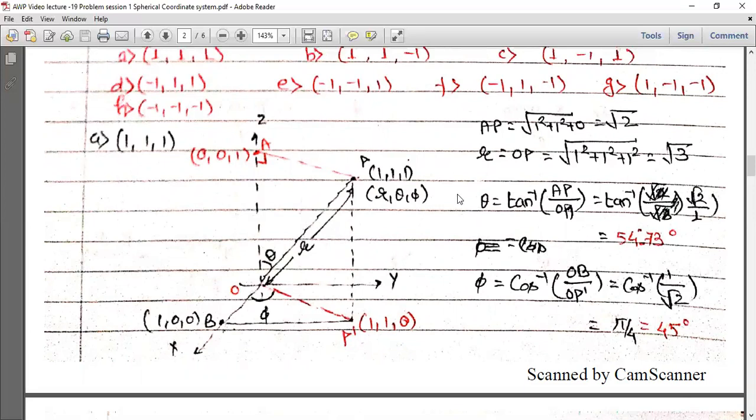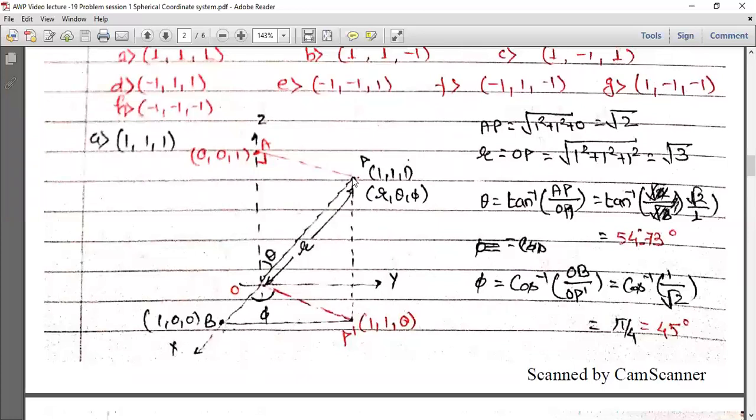To find the second coordinate theta, theta is the angle between OP and the z-axis. To find this, we draw the projection from point P to the z-axis. In a rectangular coordinate system, this is very easy. When we want to draw the projection of any point on any coordinate axis, you should make all the other coordinates 0.